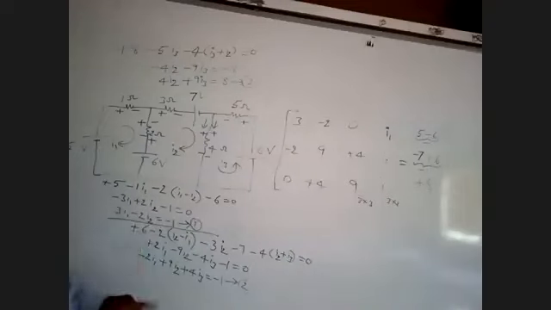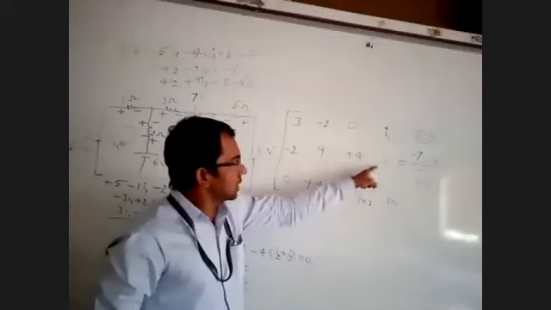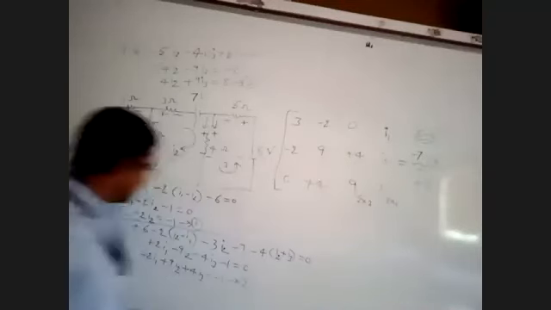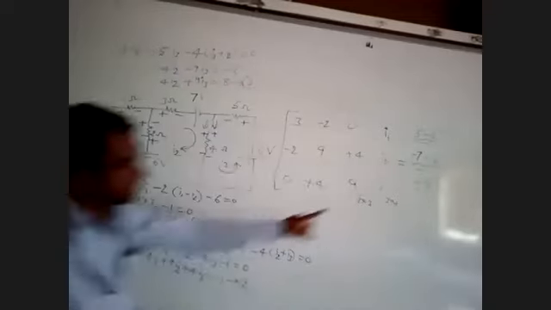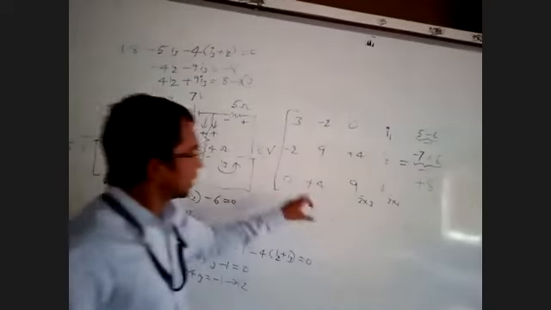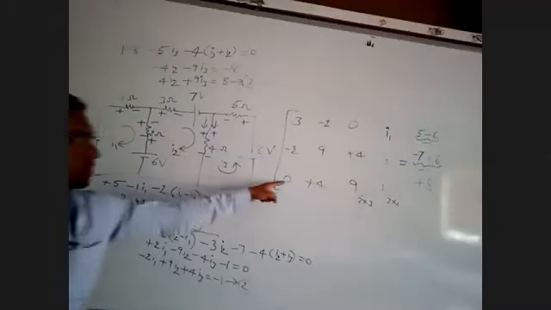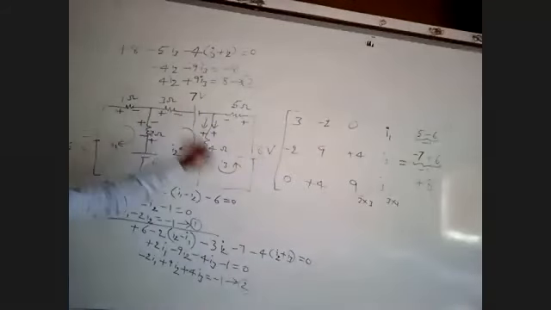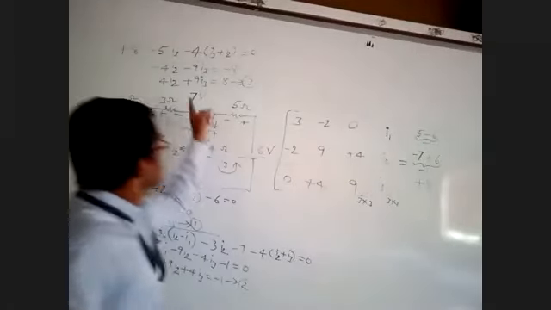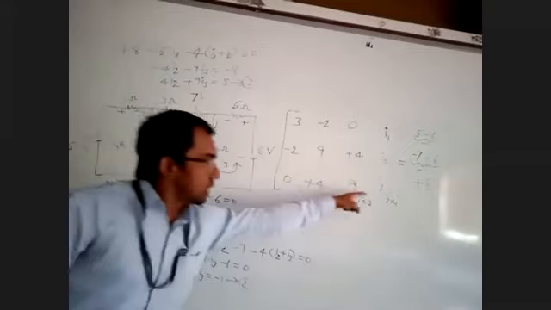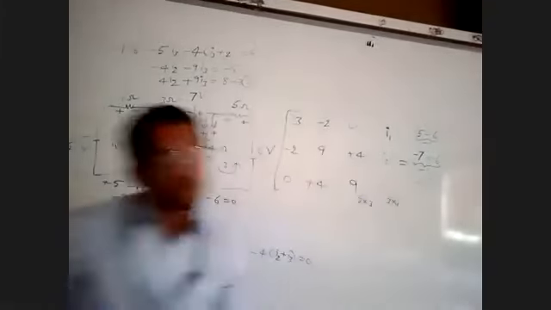Second equation: minus 2I1 plus 9I2 plus 4I3 is equal to minus 1. Third equation, there is no I1. It is 0 into I1 plus 4 into I2 plus 9 into I3 is equal to 8.